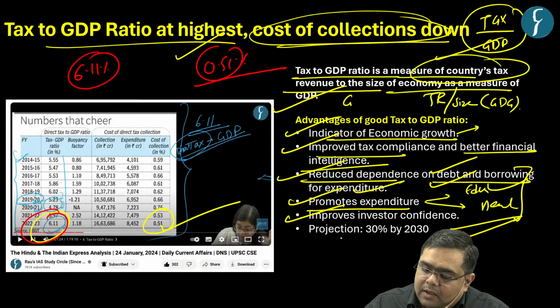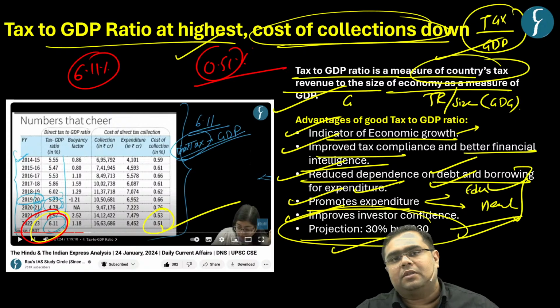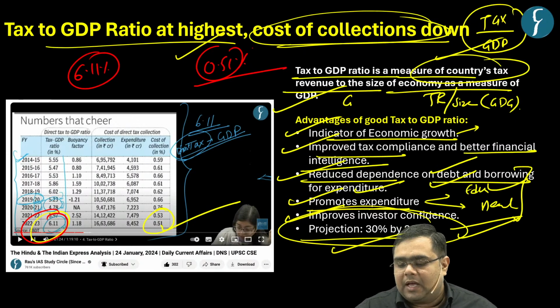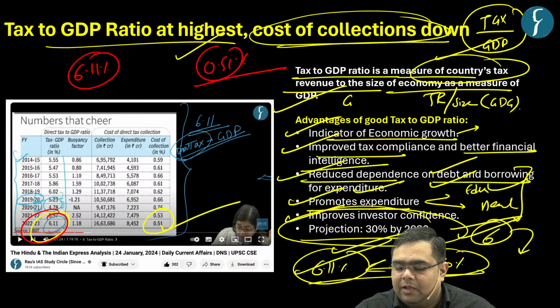And then the projection for India, our aspirational goal of the government of India, is that by 2030 we must have a ratio of 30%. Right now, how much is it? 6.11%. So in 6 years we have to reach from 6.11% to 30%.